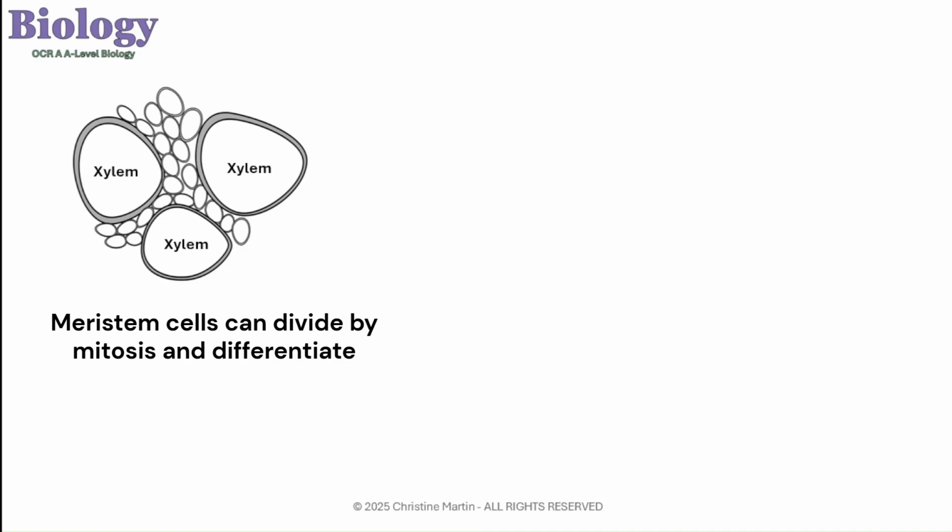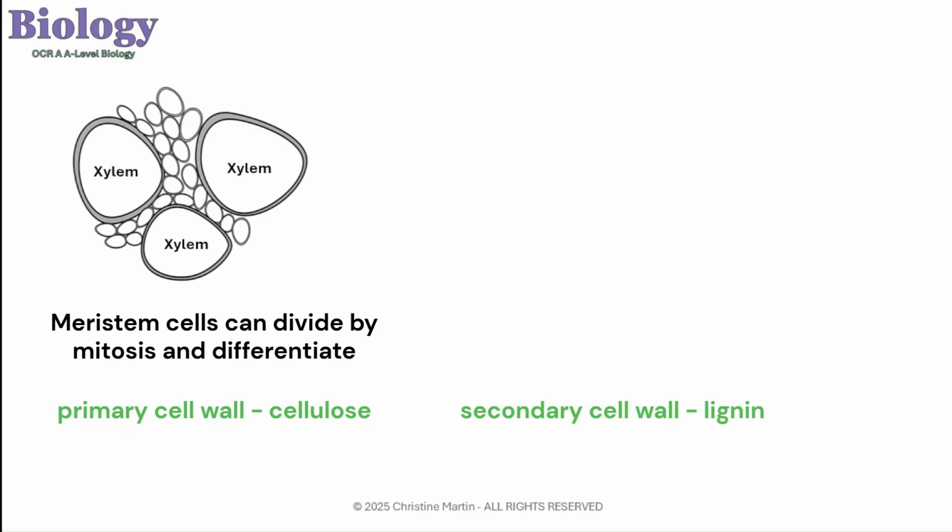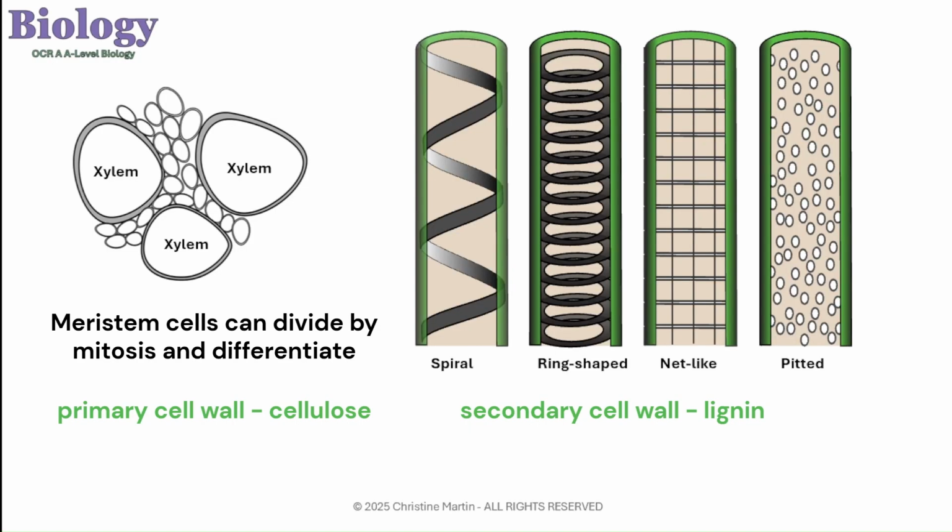Meristem cells in the vascular cambium will divide by mitosis to produce living precursor cells, which then differentiate into xylem cells. Now, during differentiation, a primary cell wall made of cellulose is laid down. A secondary cell wall made of lignin, which is a complex irregular polymer, is deposited in specific patterns.